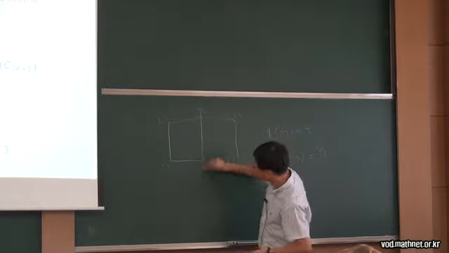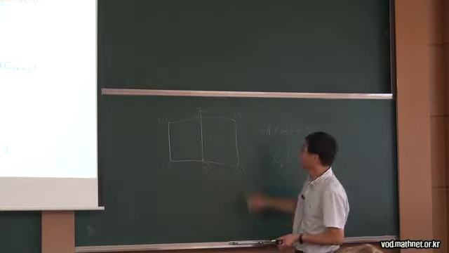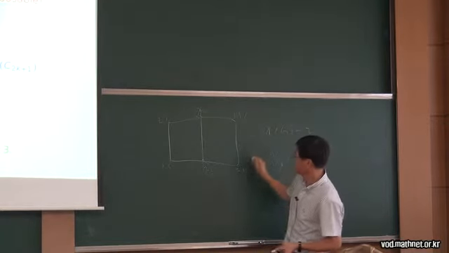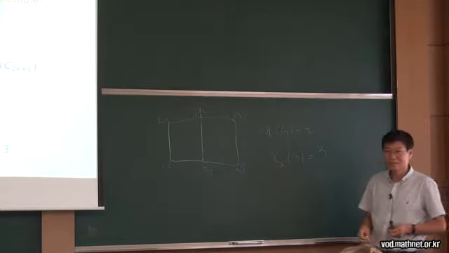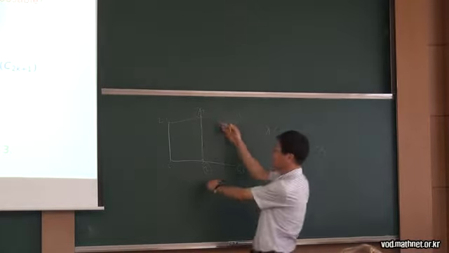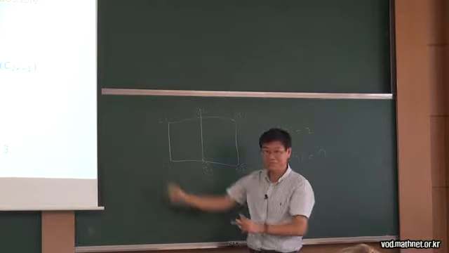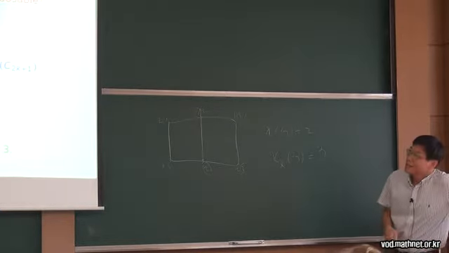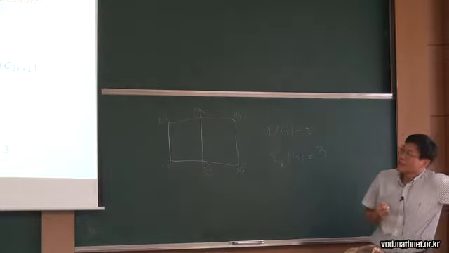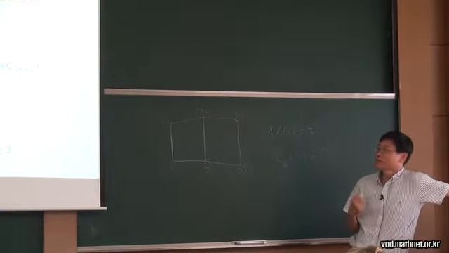So we can say, okay, how about this? Then we have to use 3 here, and also we have to use 3 here. So there's a conflict. If you choose 2 and 1, then this side has a problem. So in general, computing the list chromatic number is difficult.